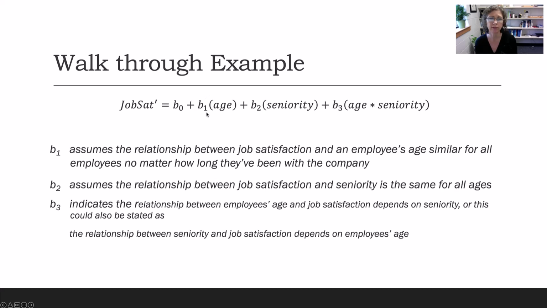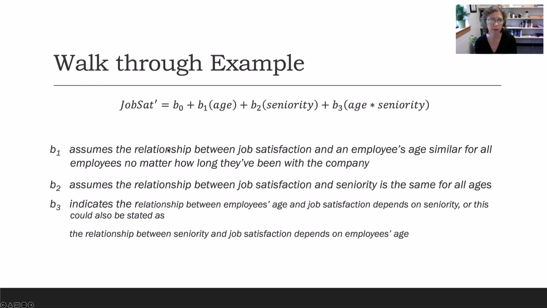And that value for B sub 1 assumes that the relationship between job satisfaction and an employee's age is similar for all employees, no matter how long they've been with the company. So it just holds seniority constant. The relationship between age and job sat is the same for people who've only been there 1 year or people that have been in the company 10 years.